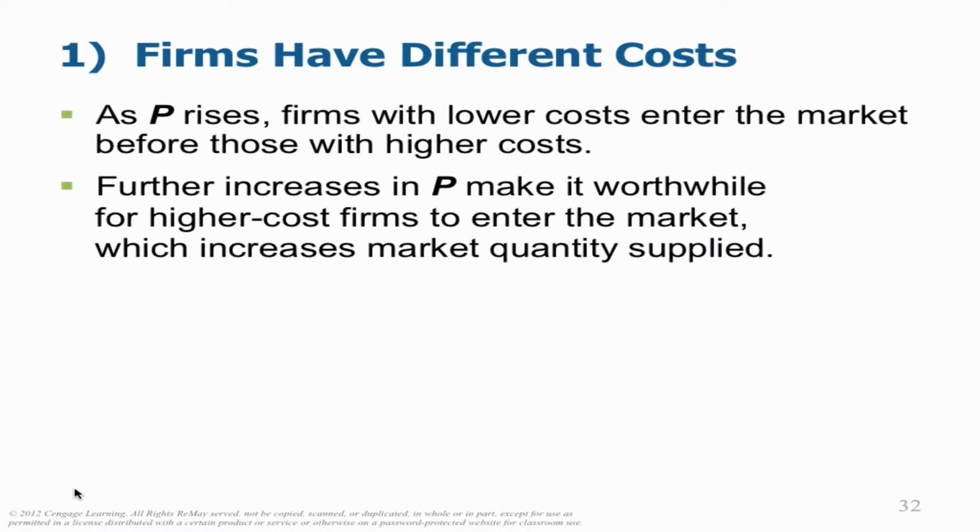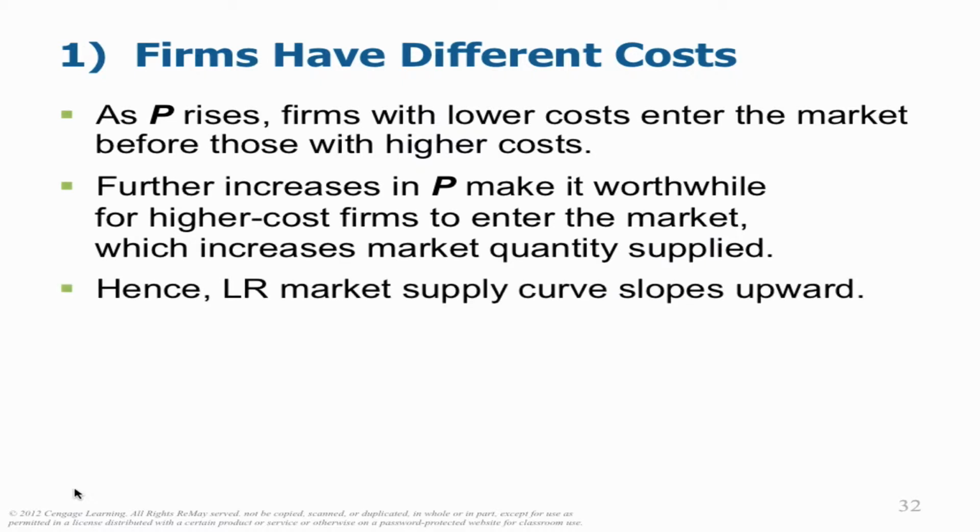Okay. When we do that, market supply increases and does what? Drives the price back down and makes it difficult for those higher cost firms to stay in the market. So the supply curve's got to curve upward in order for them to stay.